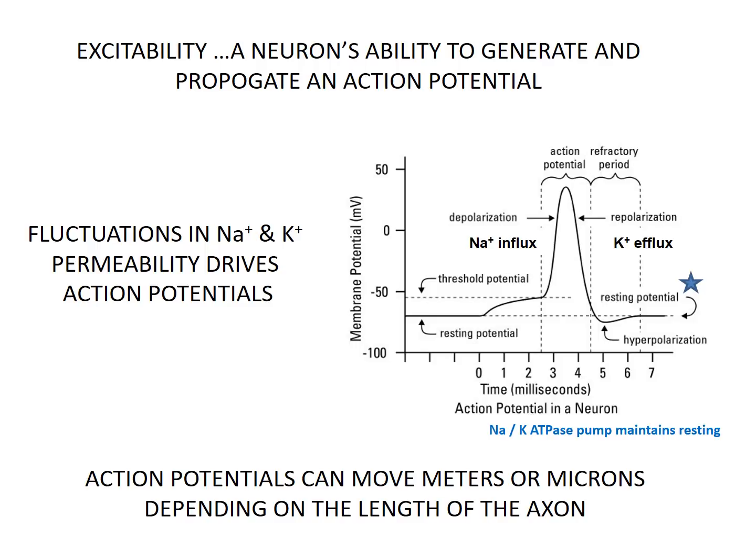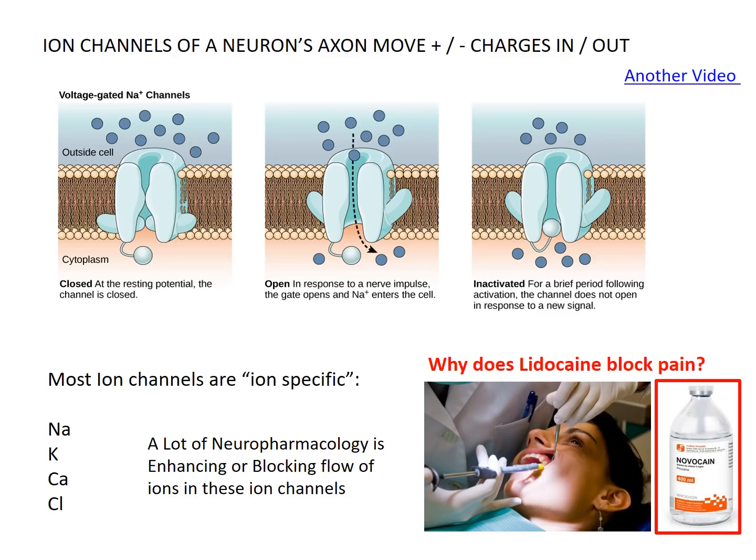The action potential, again, is just the electrical activity of the neuron being carried from one site to another along the axon. And moving that electrical message happens through ion channels. And there are a lot of drugs that have their effect on ion channels.